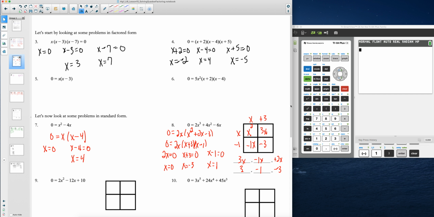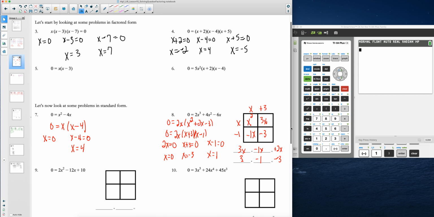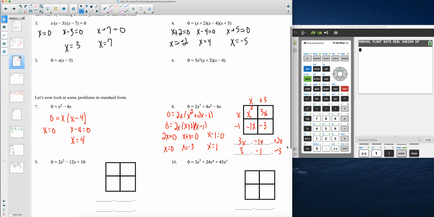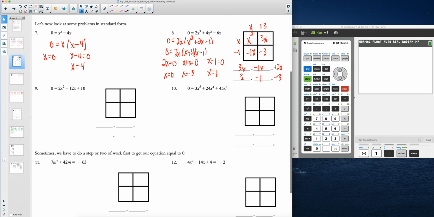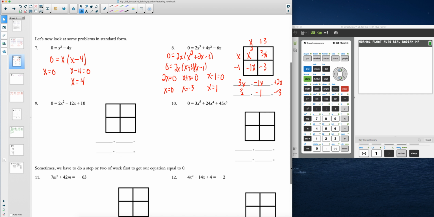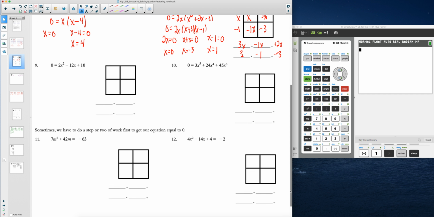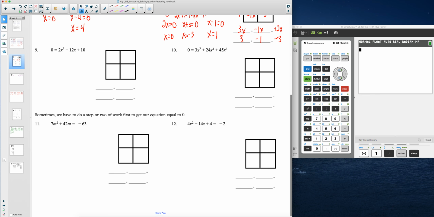When I look at 11 and 12, what you're going to notice is that problems don't always have to start equal to 0. Sometimes we have to make them equal to 0, which really isn't a big deal because we've been doing that when we've solved a lot this year anyhow.